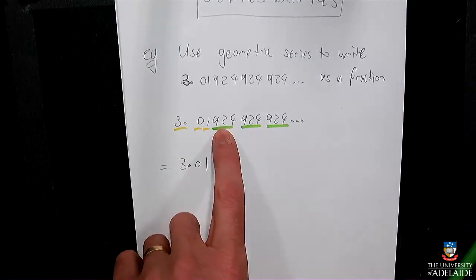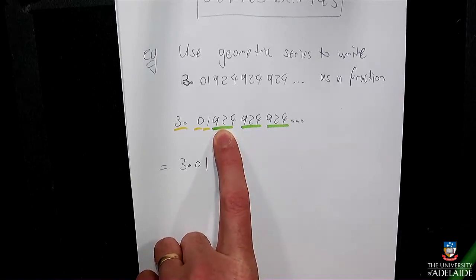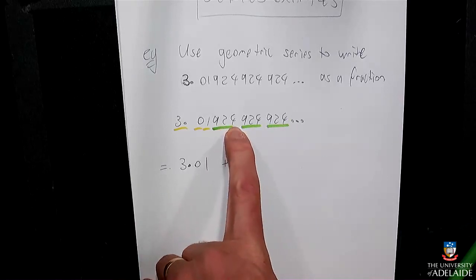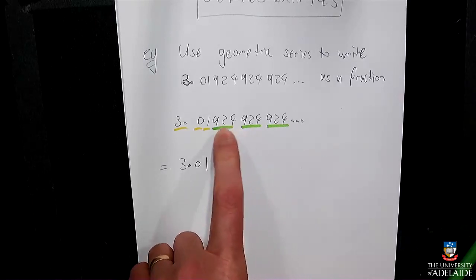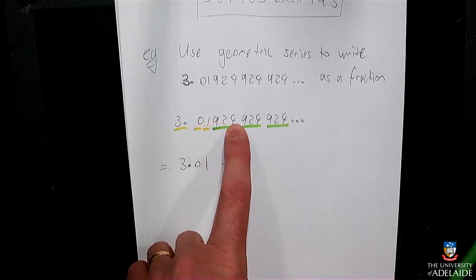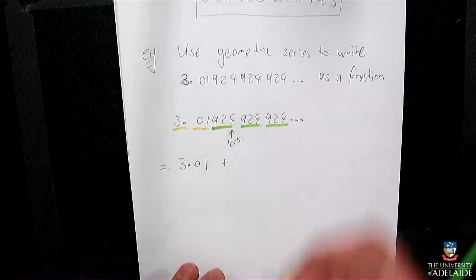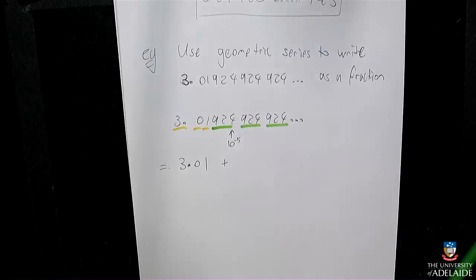And this 924, the 4 is in the 10 to the minus 1, 2, 3, 4, 10 to the minus 5 position. So this position here is the 10 to the minus 5 position.